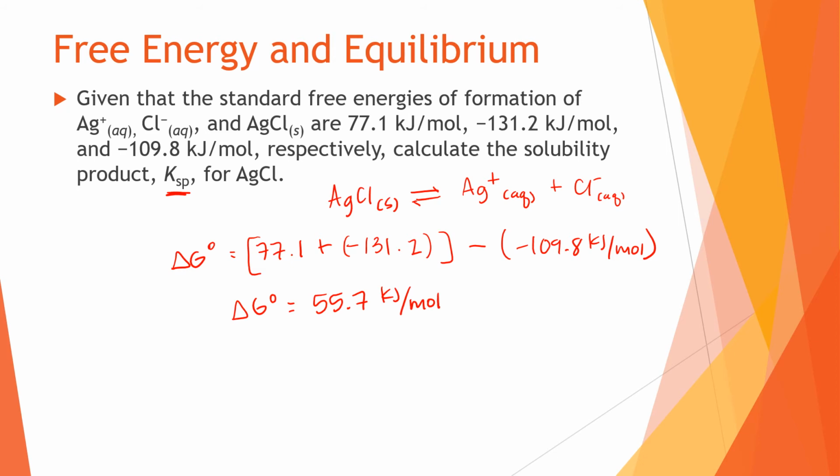So now I can use that value and plug it into K equals negative delta G over, goodness gracious. Let me try this again. I realize I didn't show you last slide.